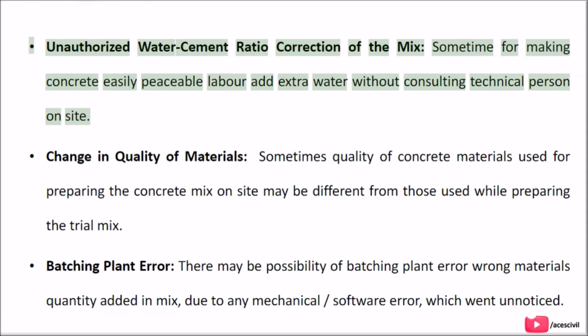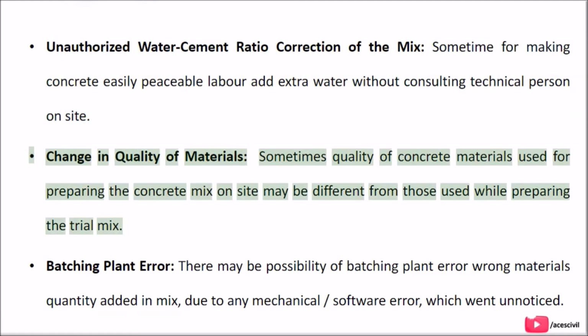Unauthorized water-cement ratio correction of the mix. Sometimes, to make concrete easily placeable, labor add extra water without consulting a technical person on site. Change in quality of materials: sometimes the quality of concrete materials used for preparing the concrete mix on site may be different from those used while preparing the trial mix.